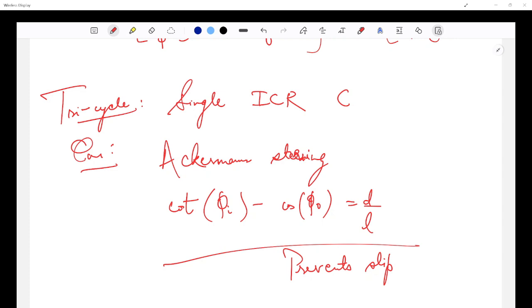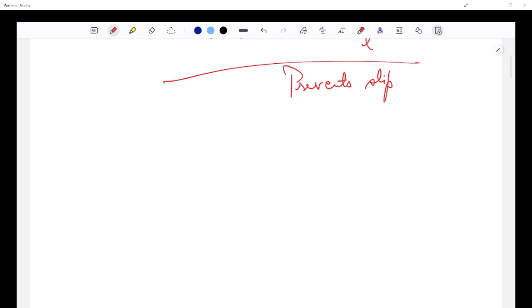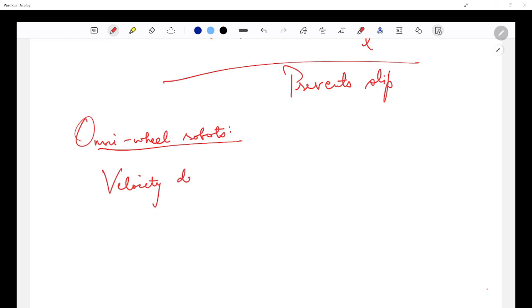Now let's talk about omni wheel robots. If we decompose the velocity, it can be written as r theta dot plus sigma cos alpha, sigma sin alpha.